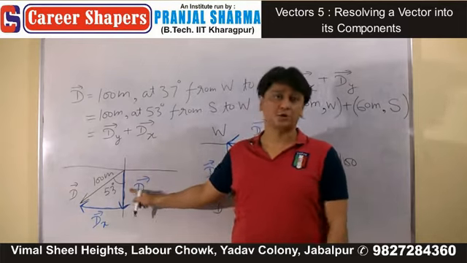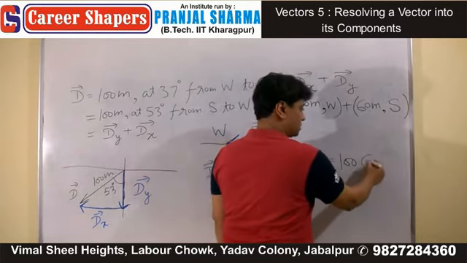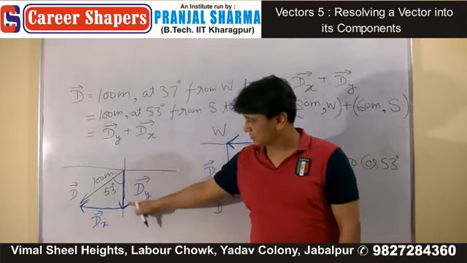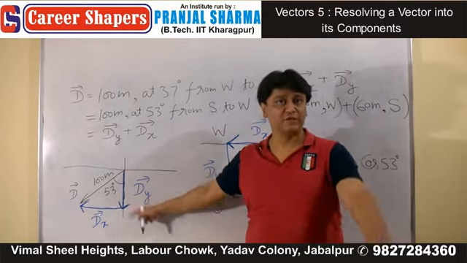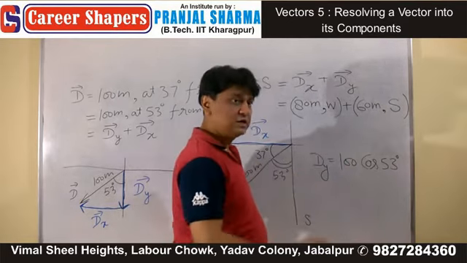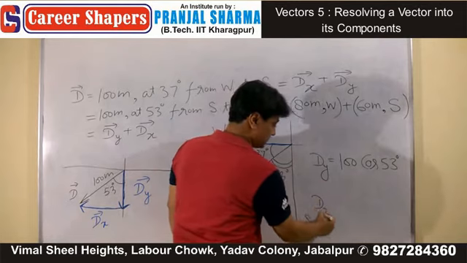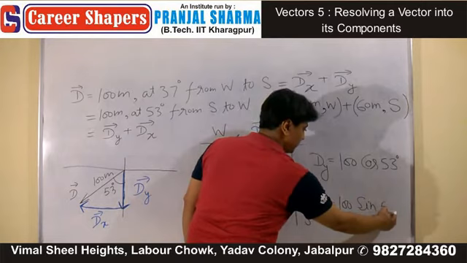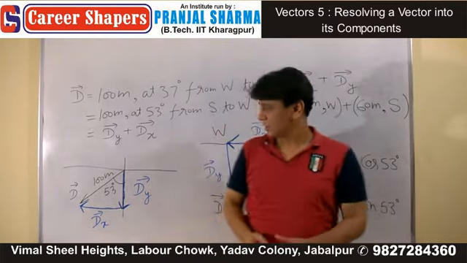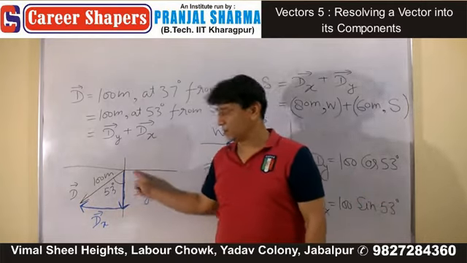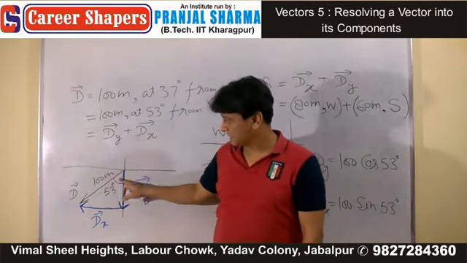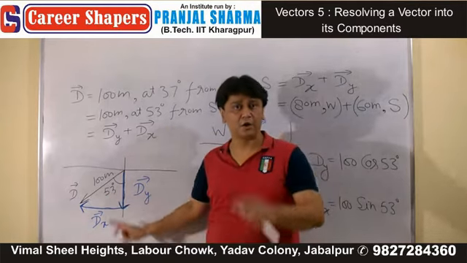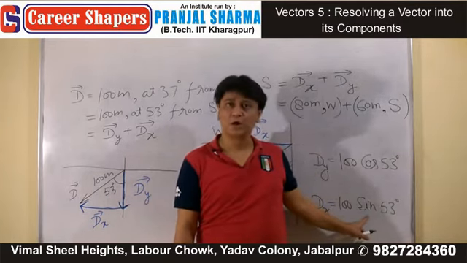What is base? Cos. So write 100 cos 53. Similarly, dx is 100 sine 53. This dx is opposite to the angle 53 and becomes what? Perpendicular. For perpendicular, we use what? Sine.